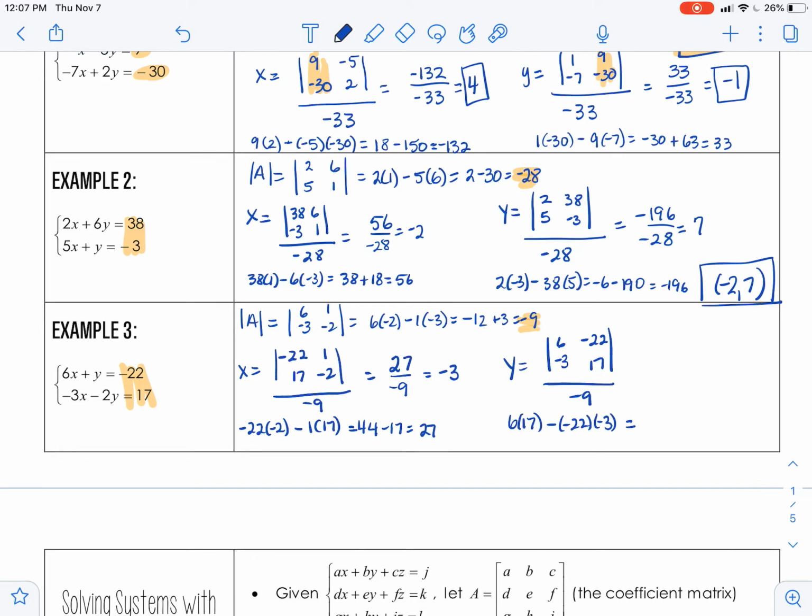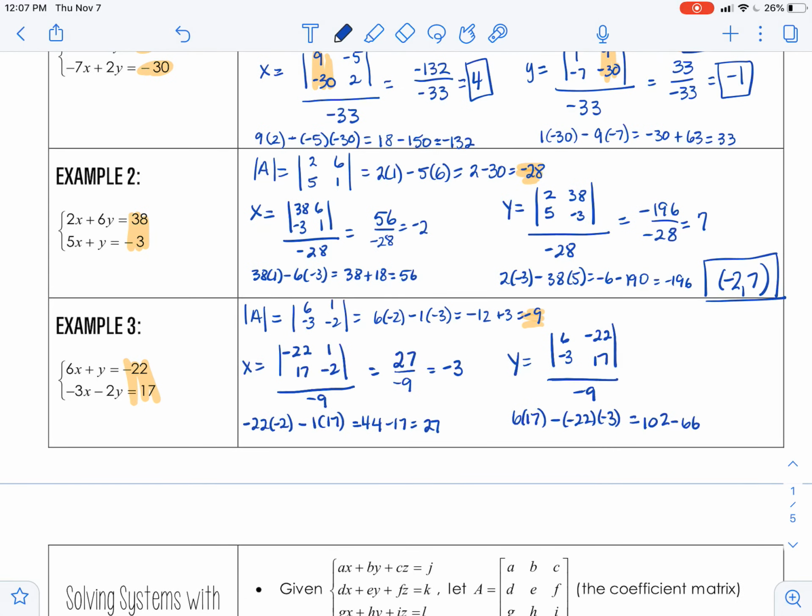So 6 times 17 would be, let's see, 6 times 7 is 42, 102, minus 66, which is 36, and positive, over a negative 9, which is a negative 4. And so my final answer would be negative 3, negative 4.